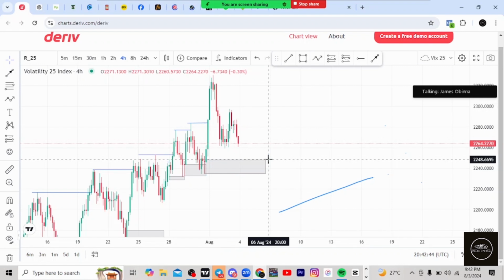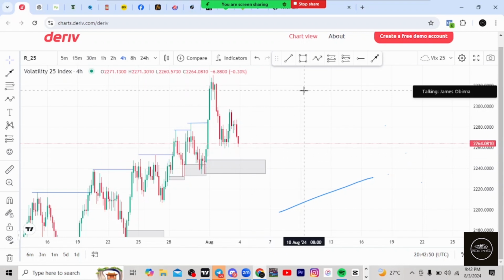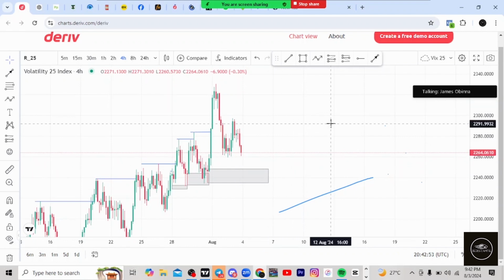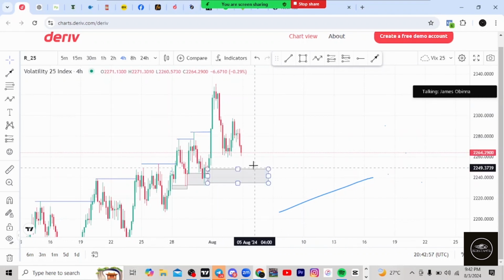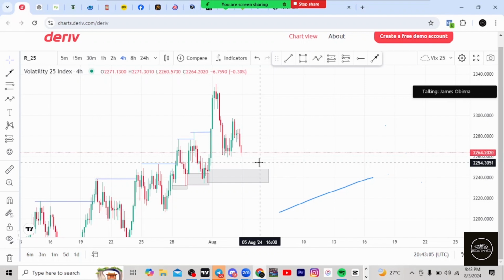Market can mitigate your identified zone and start pushing to the upside without any confirmation entry. Sometimes markets will mitigate and still give us a confirmation entry on a lower time frame, but it depends on your type of entry confirmation.